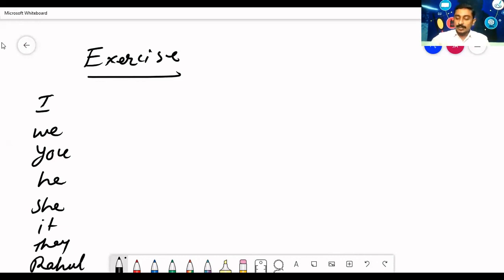Using all these words, create a positive sentence first. Next, convert the same positive sentence into interrogative, negative, and negative interrogative. I hope you have understood about present continuous tense.